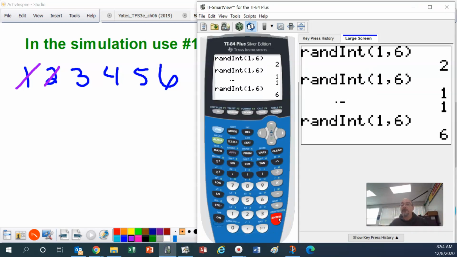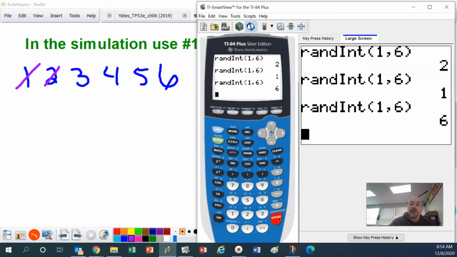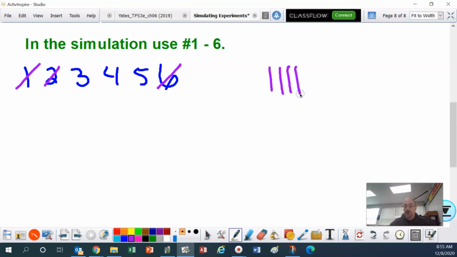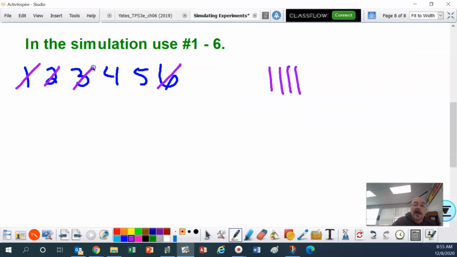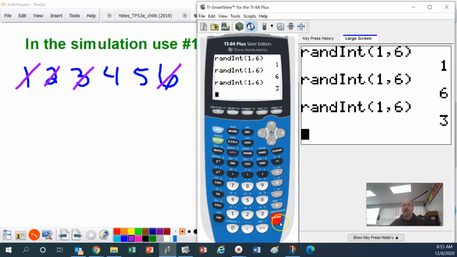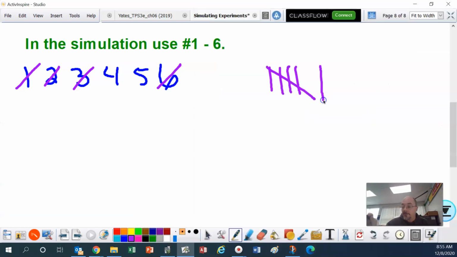Hit enter again. Prize number 6, and I make a tally mark. Hit enter again. Prize number 3, cross it off, make a tally mark. Okay, next one. Prize number 6 again. Okay, well, I can't cross it off, but I do have to keep track.